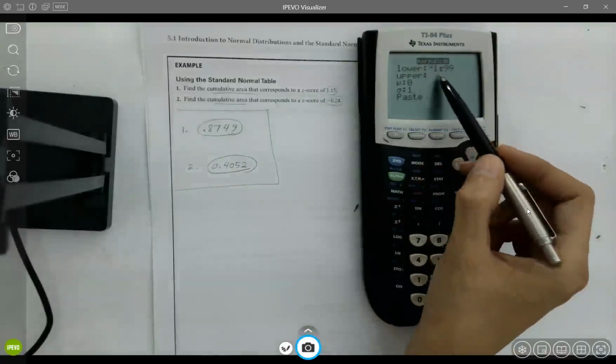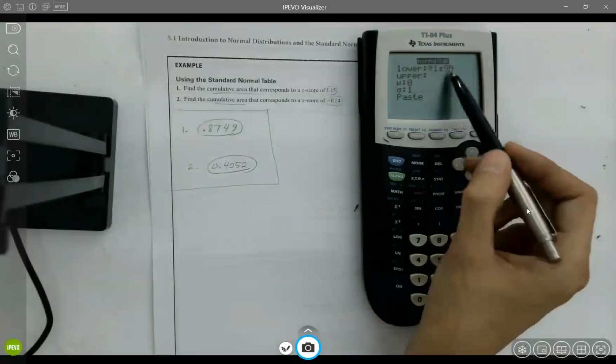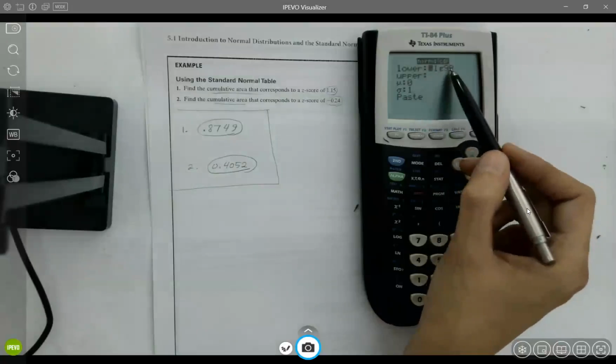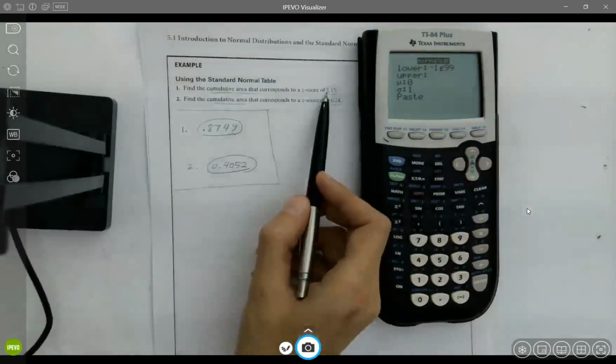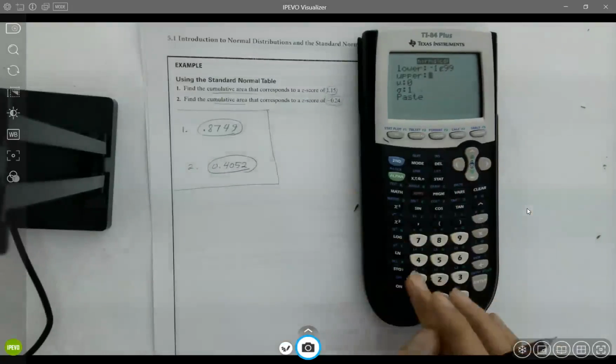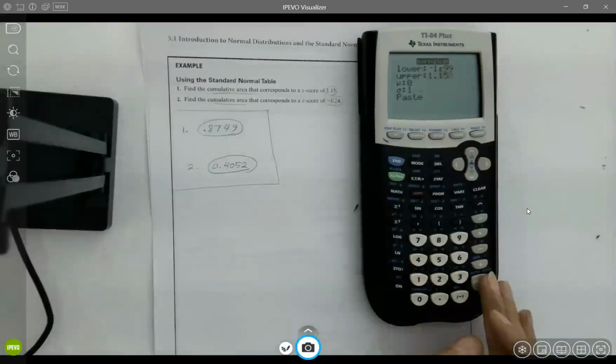It means that you have a very small number on the left-hand side of your graph. Your upper limit is going to be, for the first one, 1.15.